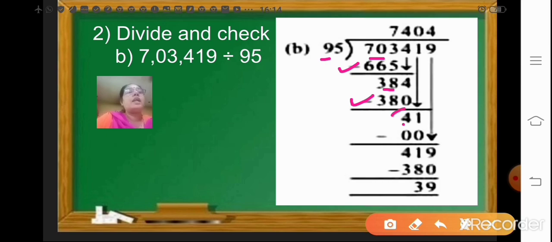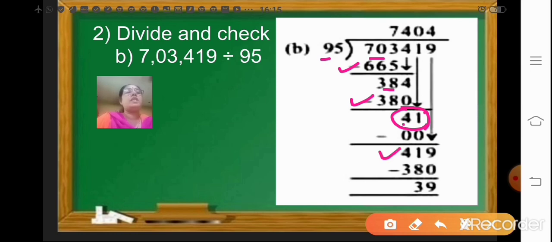But even after bringing this 1 down, the number 41 is not divisible by 95. Why? Because it is smaller than 95. So in that case, what you will do is you will add a 0 to your quotient. 95 into 0 is 0. It is not divisible, so you will add a 0. So write 0 above 1 and then bring the next number down, that is 9.